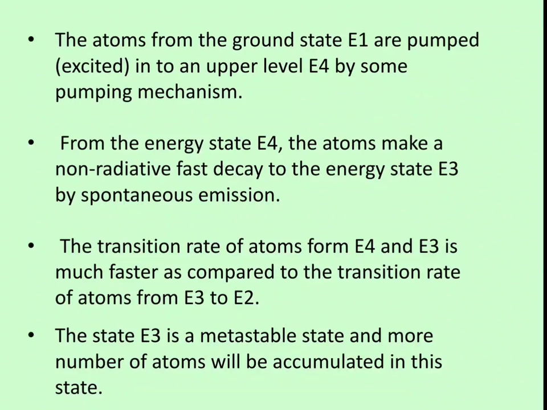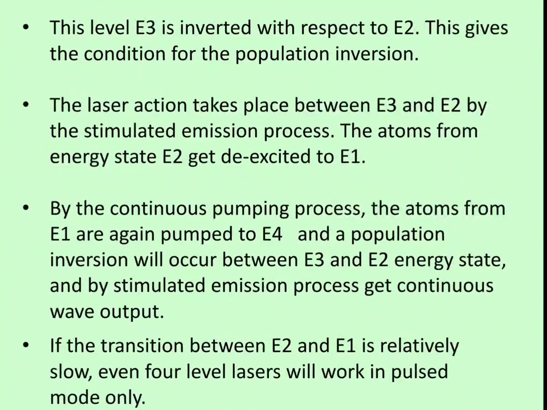So the transition rate of atoms from E4 to E3 is much faster as compared to the transition rate of atoms from E3 to E2. That means the lifetime of atoms at energy level E3 is more, so the E3 state is called the metastable state. So here more atoms are accumulated in this state. So level E3 is inverted with respect to E2. That means the population inversion case exists.